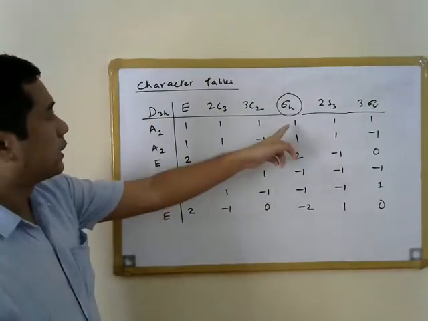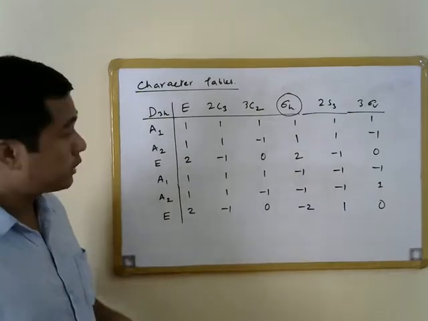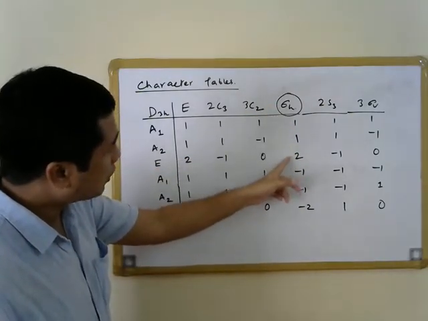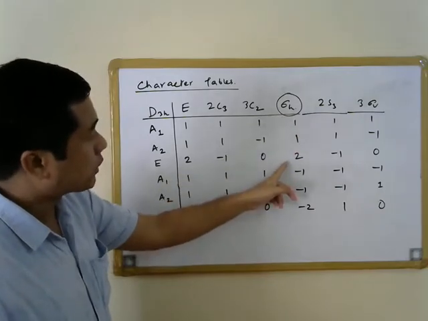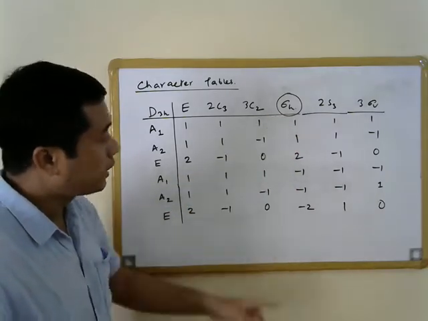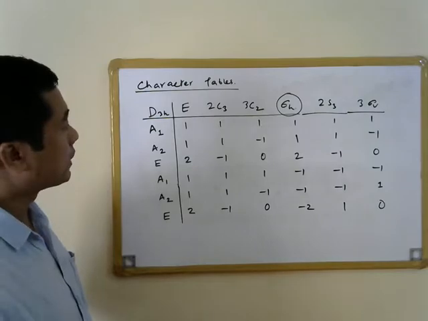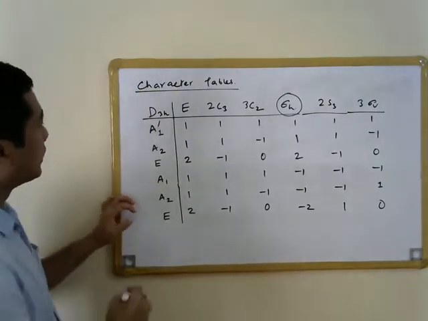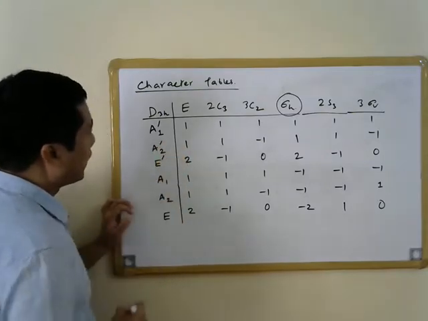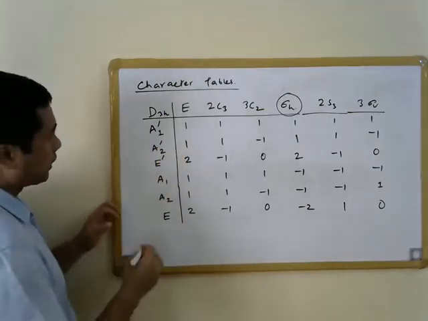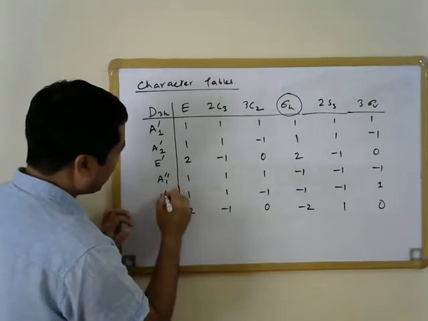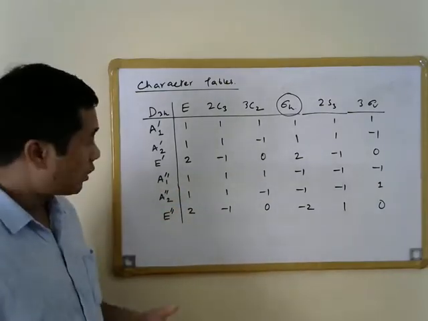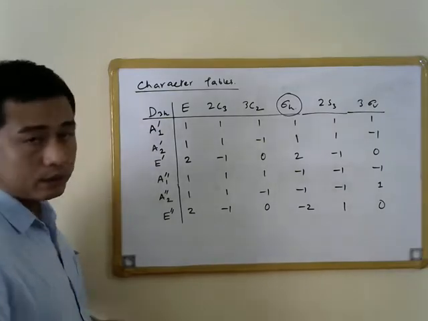So we see that these three are symmetric with respect to the sigma h, while these three are anti-symmetric with respect to the sigma h. And for a symmetric representation we use a single prime, and for an anti-symmetric representation we use a double prime as a superscript on top of these notations.